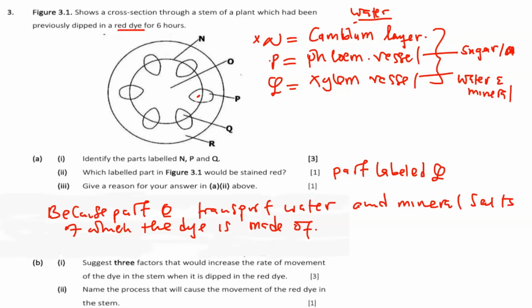So if the dye that we are seeing here contains some water, and therefore it will be moved along the xylem and not the phloem. So that is the reason that you can give.